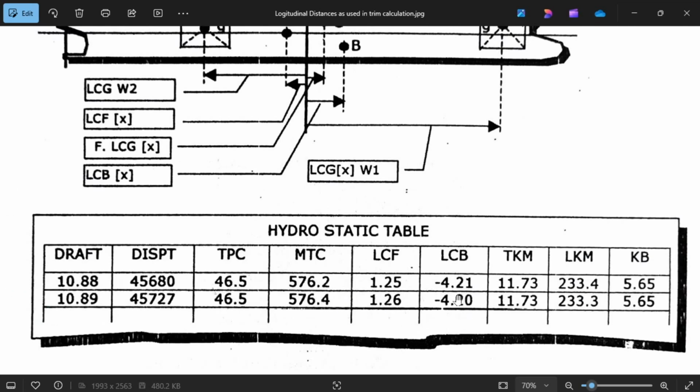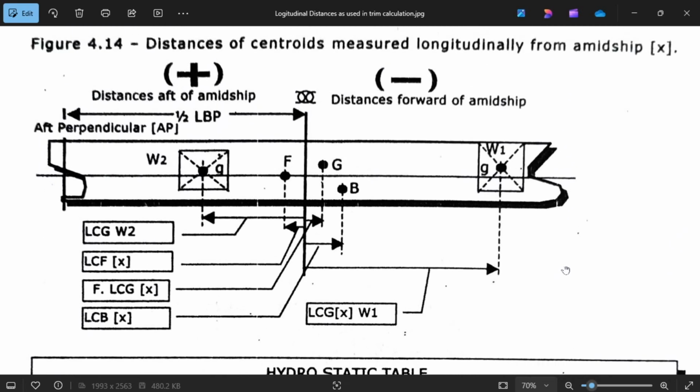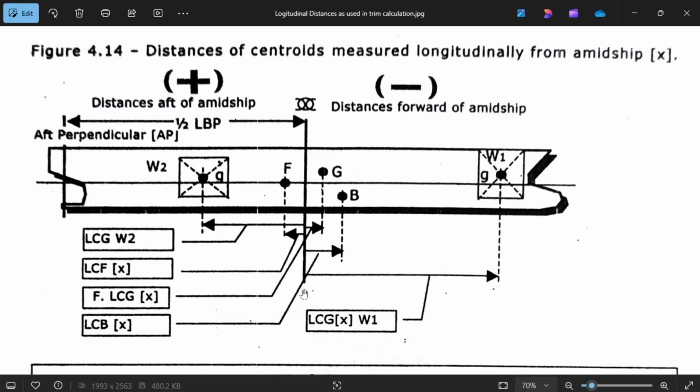So it is a positive sign here in your hydrostatic table with the corresponding graph. On the other hand, LCB, longitudinal center of buoyancy. So you see your longitudinal center of buoyancy here is on the forward part from the midship. So you see the arrow here. This is your center of buoyancy, meaning it is a negative sign. The sign of this figure here, or LCB, should be negative.